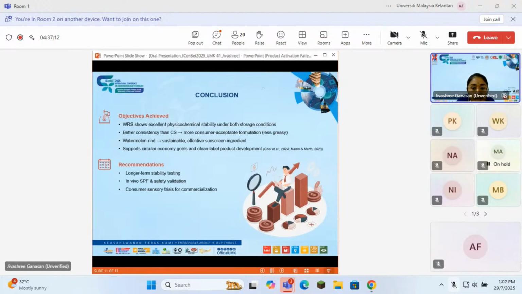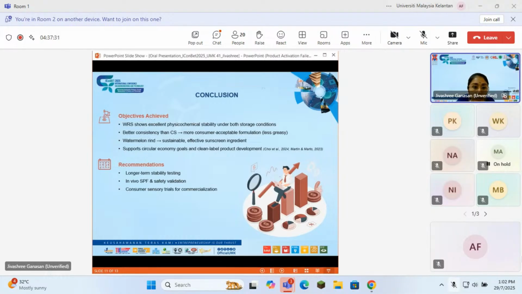It exhibited better consistency than the commercial sunscreen, particularly in terms of greasiness and spreadability. Watermelon rind proved to be a sustainable and effective ingredient for sunscreen formulation, aligning with modern sunscreen trends and circular economy goals.